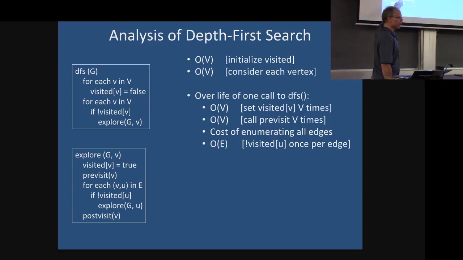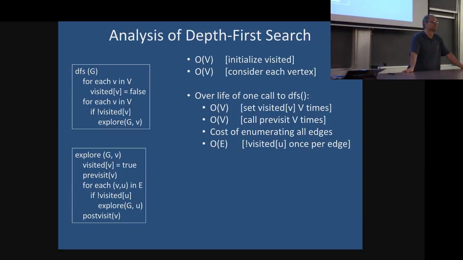We call visited. How many times are we going to check the visited array over the life of the entire algorithm? Exactly how many times are we going to call it? Don't need a big O. Once per edge.